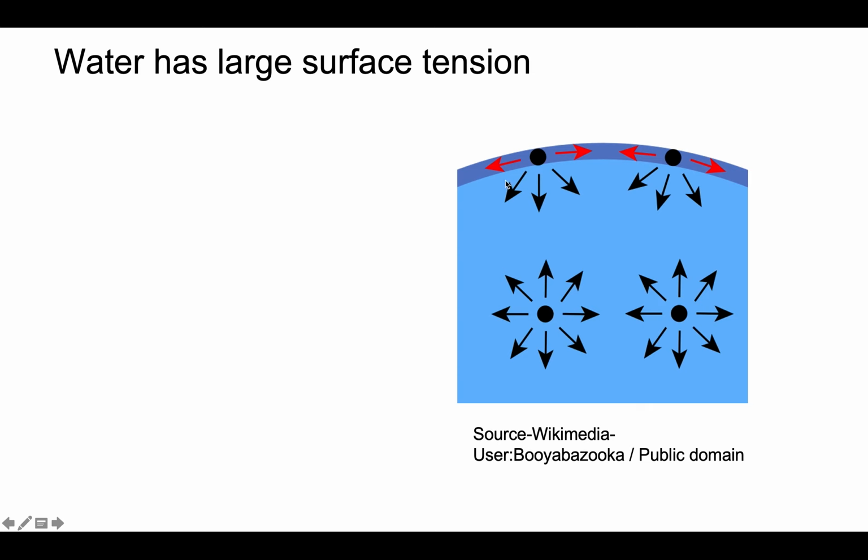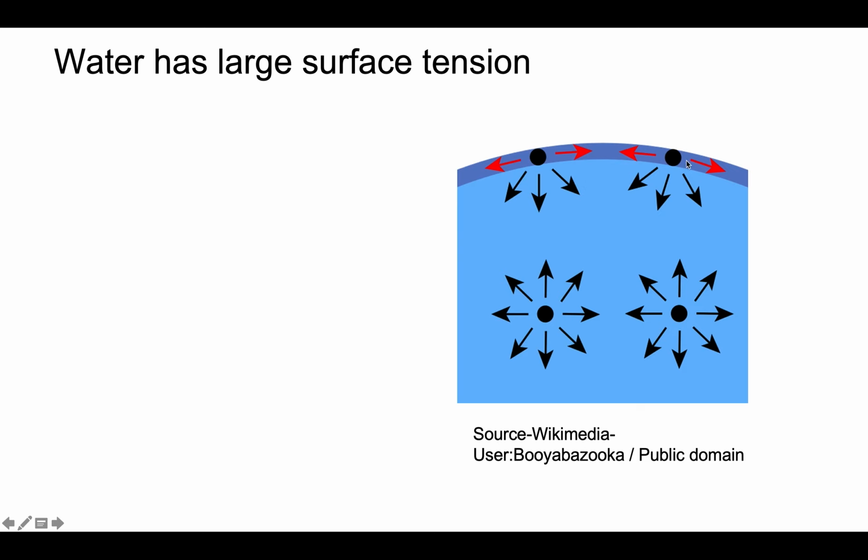But when you look at the surface of water, you see that the forces exerted from the top on these water molecules are not existent anymore. So they're not being pulled up, and they're hydrogen bonding with other molecules that are down here.